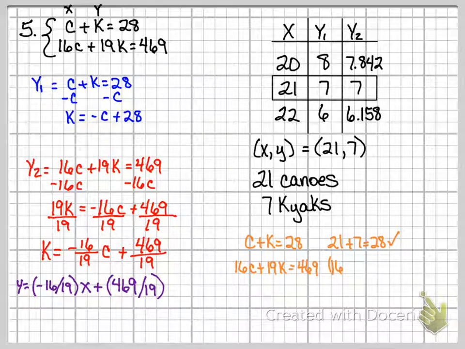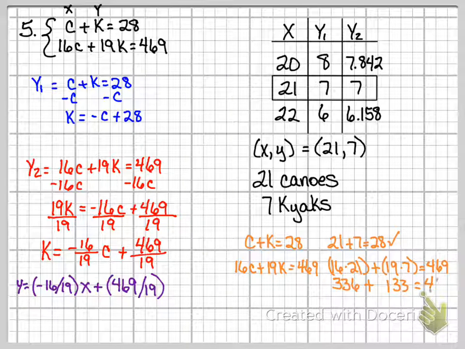That's 16 times 21 plus 19 times 7 to give us 469. Okay, 16 times 21 is 336. 19 times 7 is 133. That gives us 469, and that all checks out.